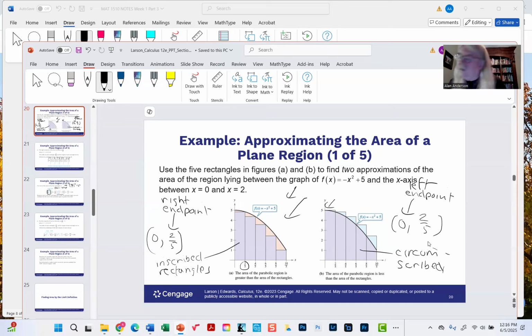Let's write that in here as well. And then this is defined as an upper sum. And then the actual sum, of course, is in between.